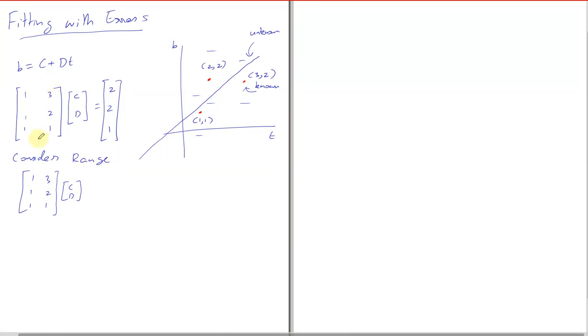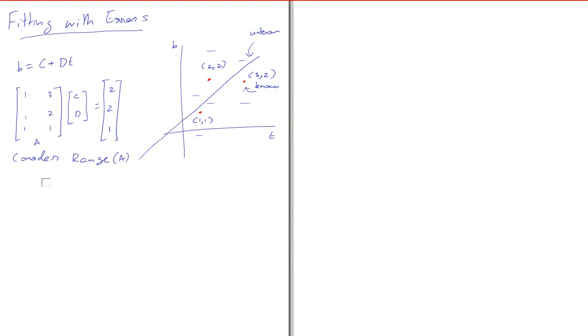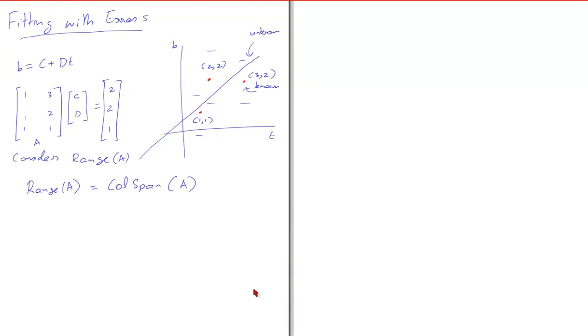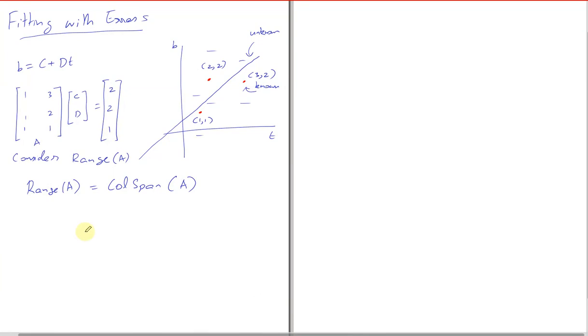Let's say this is the matrix A. Now the range of A is basically the column span of A. You agree? Yes, sir. The range of A is the column span of A. Now, this (2, 2, 1) vector does not belong to the column span of A. That is our problem.